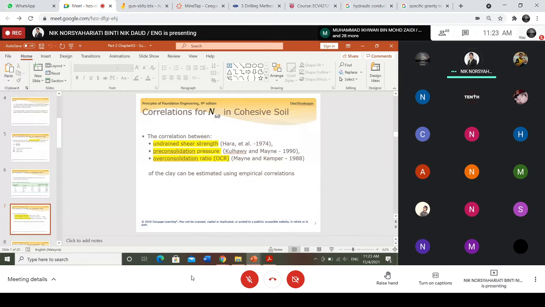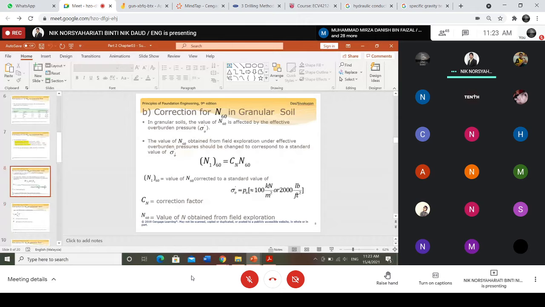Those equations are related to the correlation. So then we move on to the correction for granular soil. Granular soil such as sand needs a correction for the N60. For cohesive soil earlier, it's okay, you just got the equation, then you just carry out the calculation.